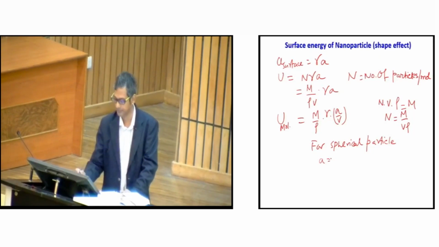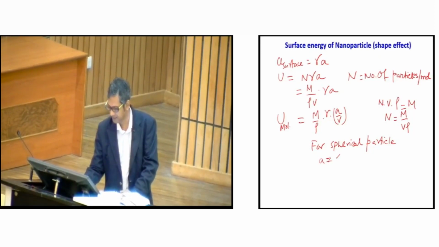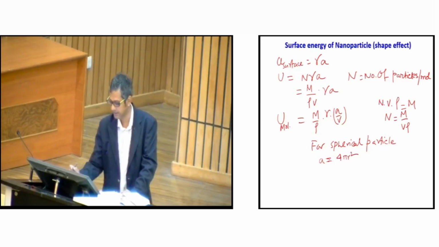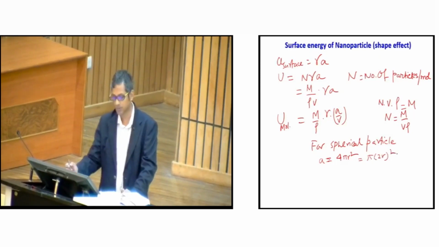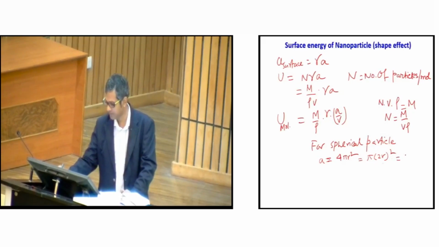Tell me the area. Area is 4 pi r square, right. We can write that as 4 pi into d by 2 whole square. That becomes pi d square.